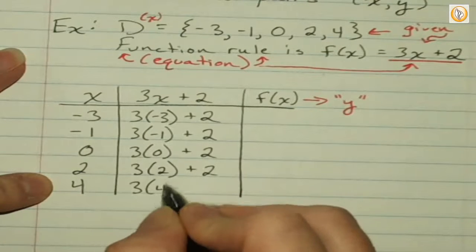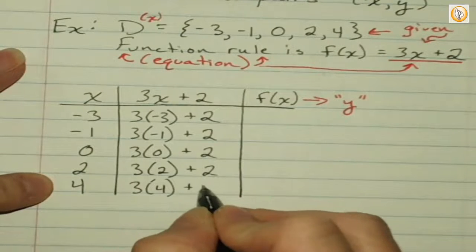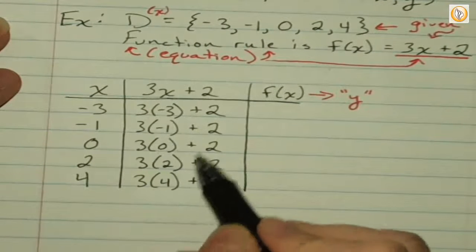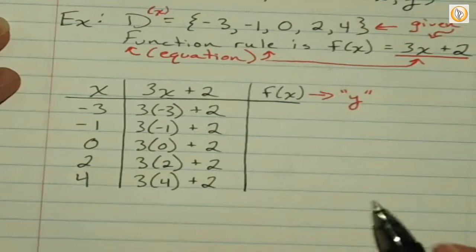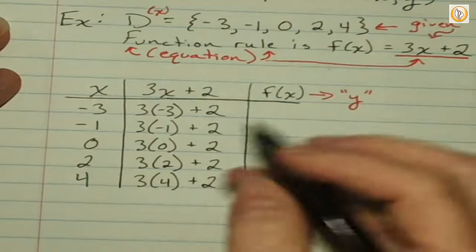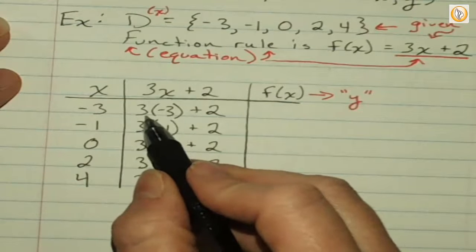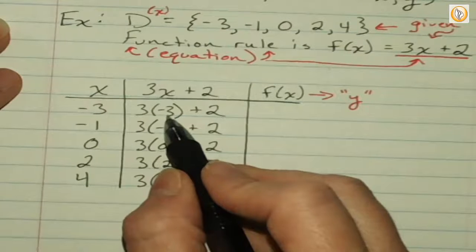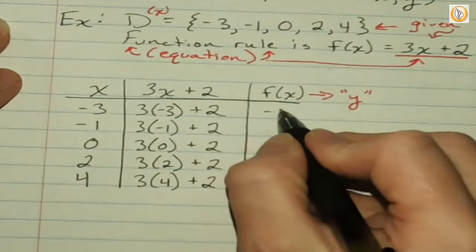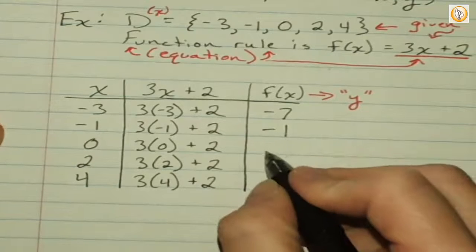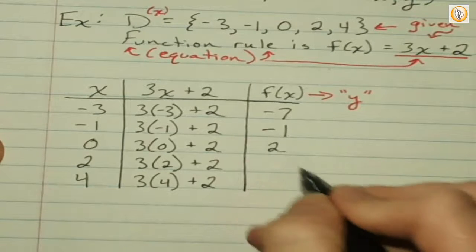Also, rewrite each of these things, because I'll have students that do this part, but then they forget to add 2. So do the math. -3 times 3 is -9. Plus 2, -7. So make sure you have all of this written down.